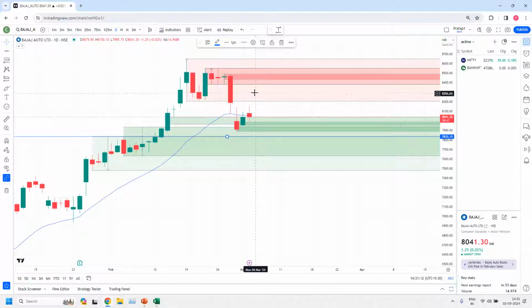The moment prices enter the HTF supply zone, HTF price direction changes from supply zone to demand zone. Similarly, after some time, prices enter the ITF supply zone, and ITF price direction changes from the ITF supply zone to the ITF demand zone. That means for our LTF, the price direction at HTF is in our favor and the ITF is also in our favor. Both are showing that prices will now go down.